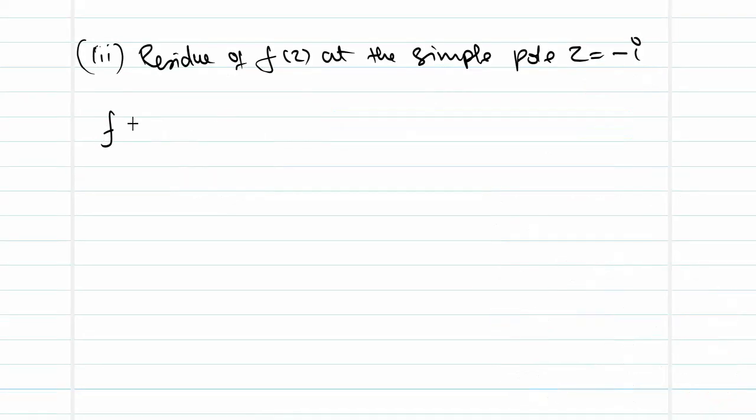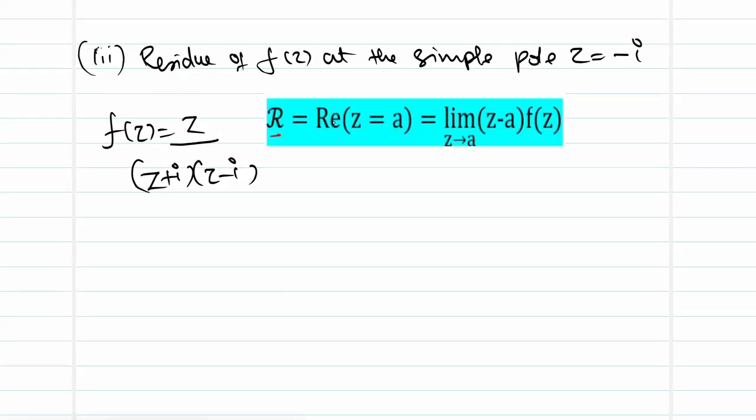Now copy paste your function f of z, which is z divided by z plus i into z minus i. And the next thing is to recall the formula for the simple pole: limit z tending to the point a, z minus a into f of z. So now we have this to be equal to limit z tending to minus i, z minus of minus i, which becomes z plus i, into f of z.